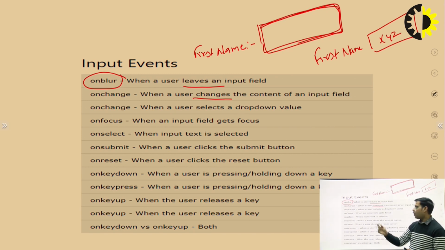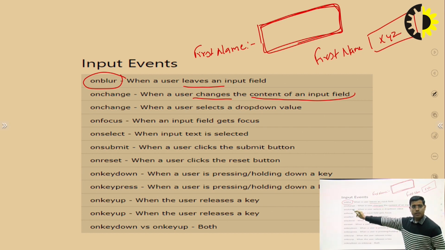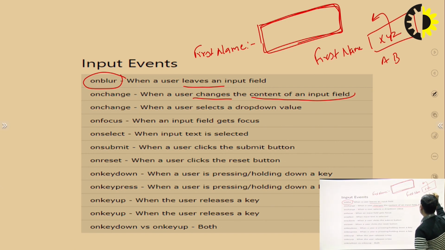So through the on change event, the user changes the content of an input field. Then we have to use the on change function. Through this function, or event, we can change this first name from XYZ to ABC.